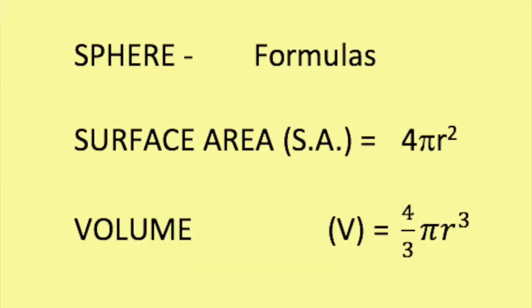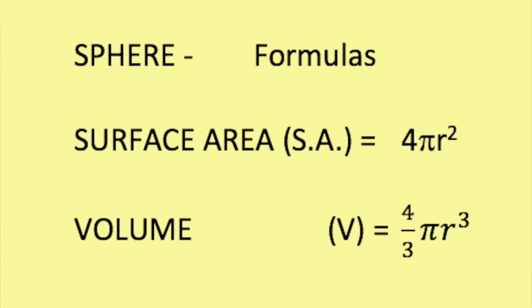The surface area is 4 pi r squared. 4 pi r squared is, of course, exactly 4 times the area of a circle with the same radius. And the volume is 4/3 pi r cubed.